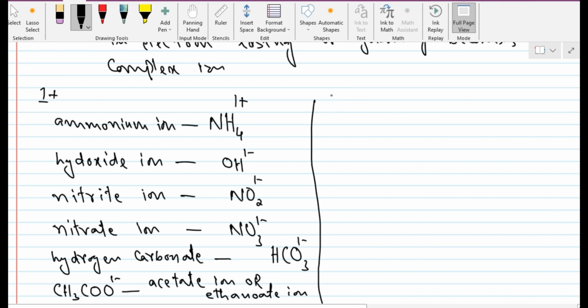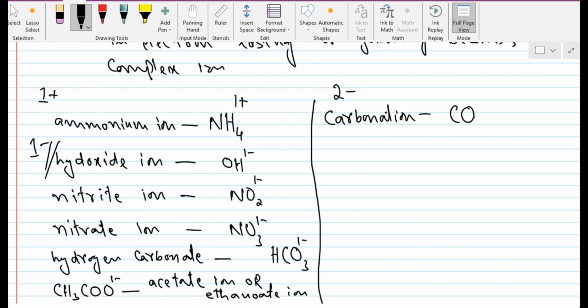Now to discuss 2 negative. Most important is carbonate. Carbonate ion with the formula CO3, 2 negative. Sulfite ion, SO3, 2 negative.